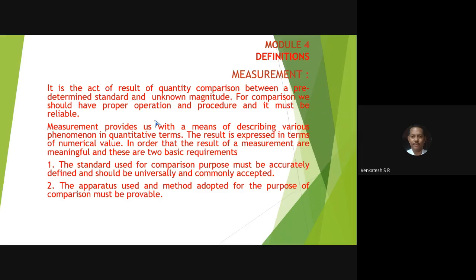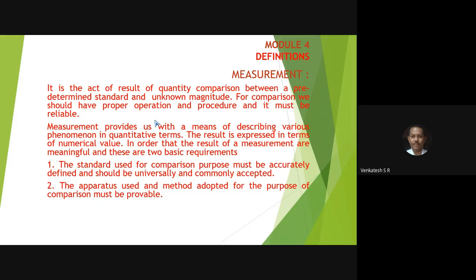You keep the steel scale or vernier caliper or tape. The first division of the scale should coincide with one end of the component or shaft, and the other end should coincide with the other end. That is the procedure for measurement of length.